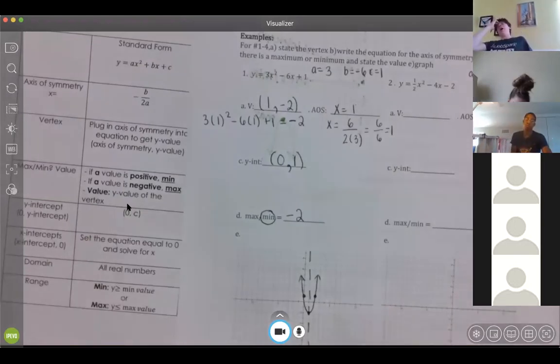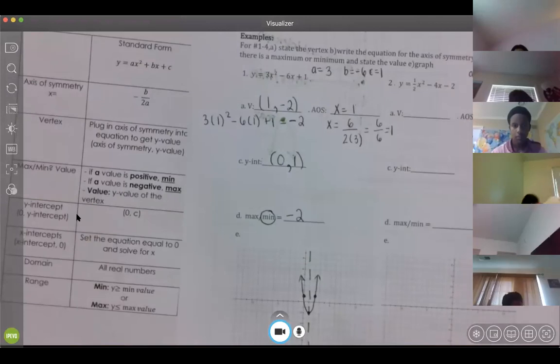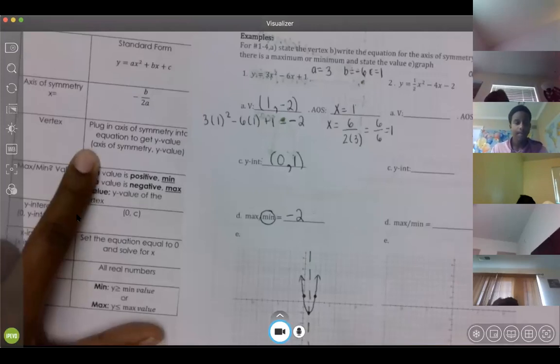All right, now that you have the axis of symmetry, how can we find the vertex? What do you think, Christian? I don't know. Well, let's look at our cheat sheet. What does it say, Christian, to find the vertex?